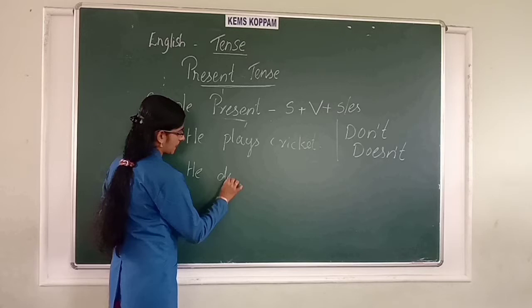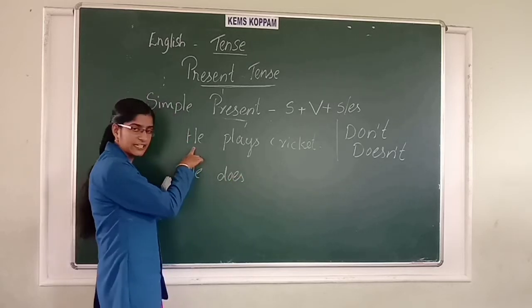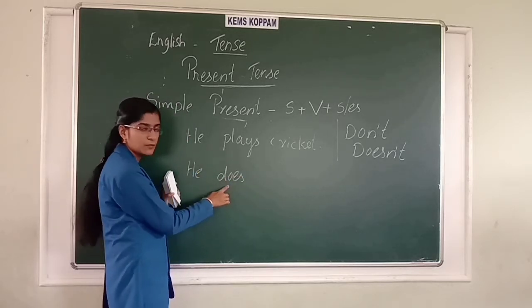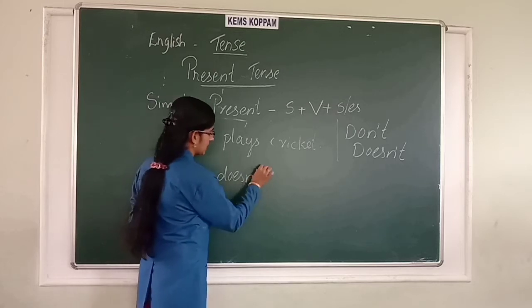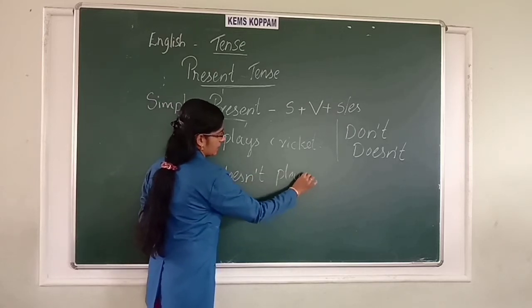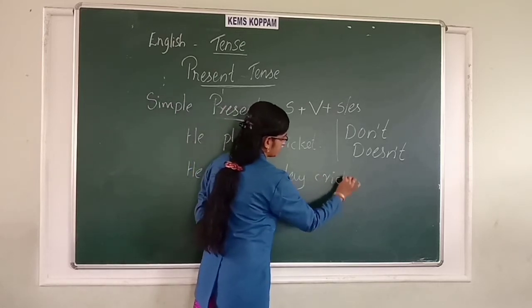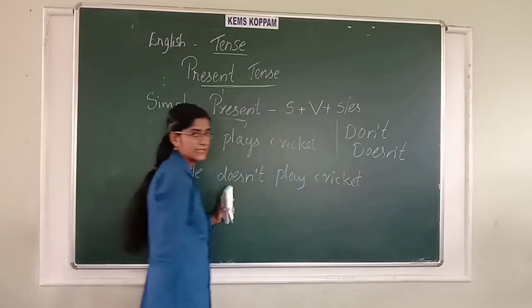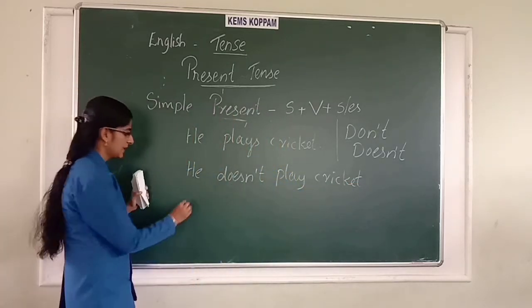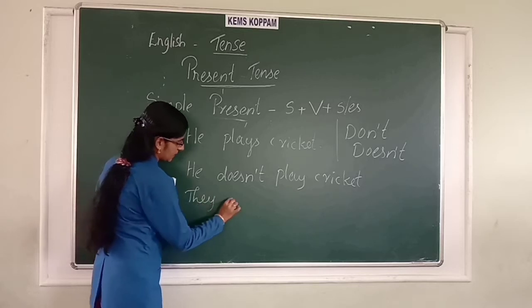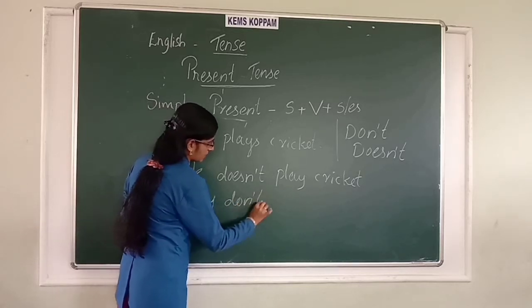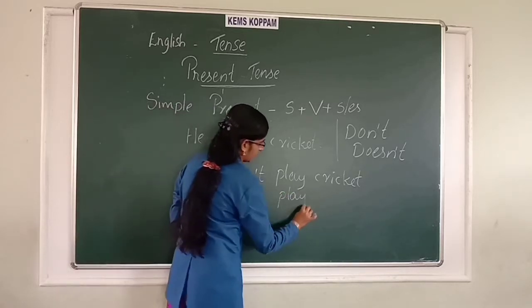So how can we write this? He, if the subject is singular, you want to use does. He doesn't play cricket. Clear? He doesn't play cricket. They don't play cricket.